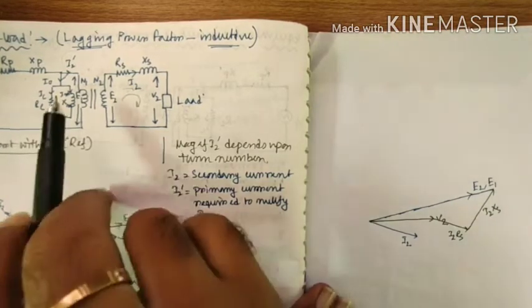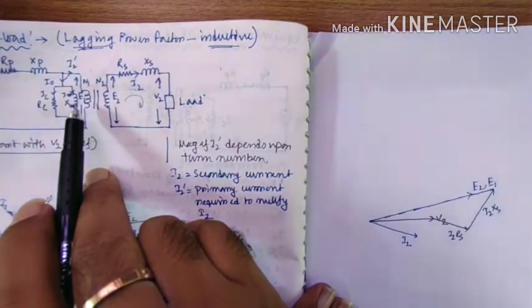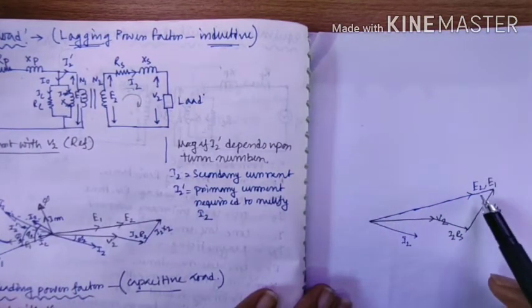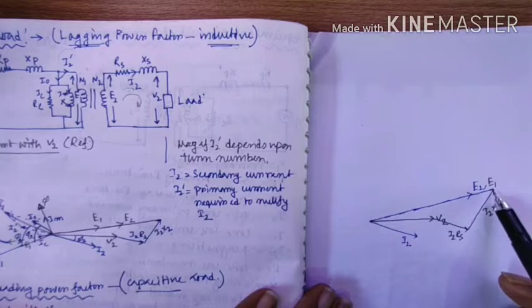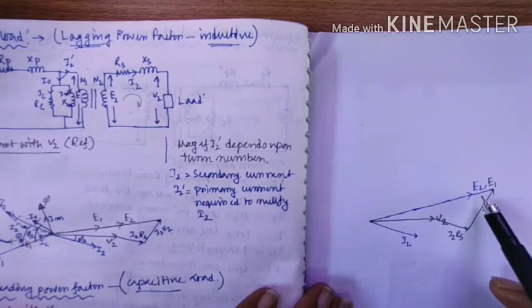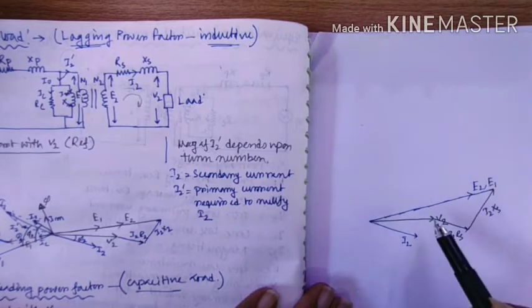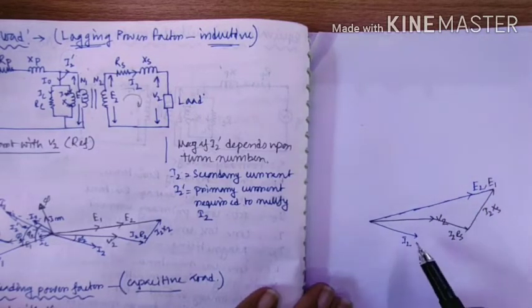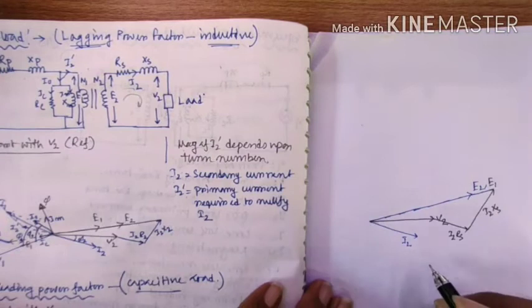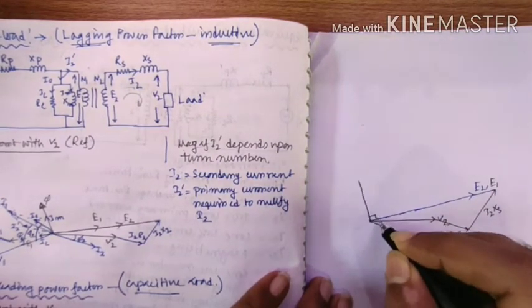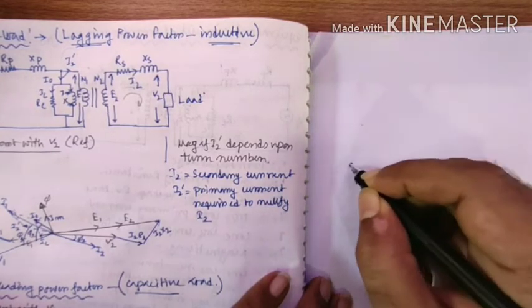What is E1? The induced voltage across the primary winding. If this is E1 and E2, they are present in the system due to the presence of flux phi. And the relation I explained in the previous diagram is that E1 and E2 lag phi by an angle of 90 degrees. So what should be the direction of phi? That is this one. Assume this is 90 degrees. So this one will be phi.